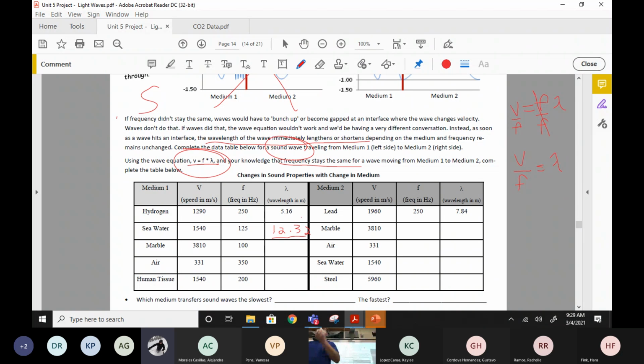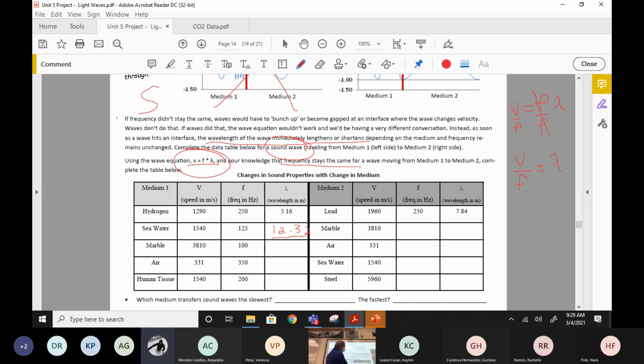Okay, now, as that sound wave goes from the seawater into solid marble, it sped up, didn't it? Can you see that? It was 1,540 in seawater, and then when it hit the marble, it sped up to 3,810. But when it went from the seawater to the marble, did the frequency change or not? Remember, frequency stays the same.